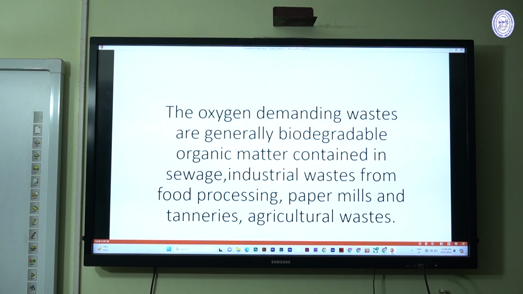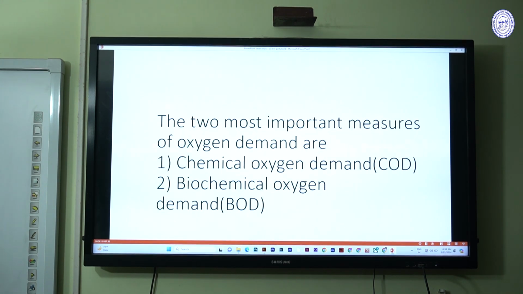The oxygen demanding wastes, it implies that oxygen is demanded. Oxygen demanding wastes are generally biodegradable organic matter contained in sewage, industrial waste from food processing, paper mills and tanneries, and agricultural waste.